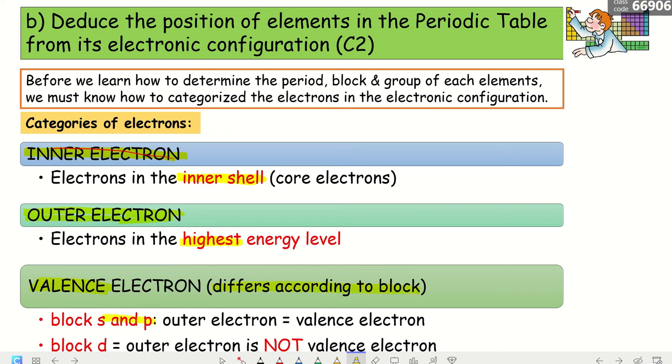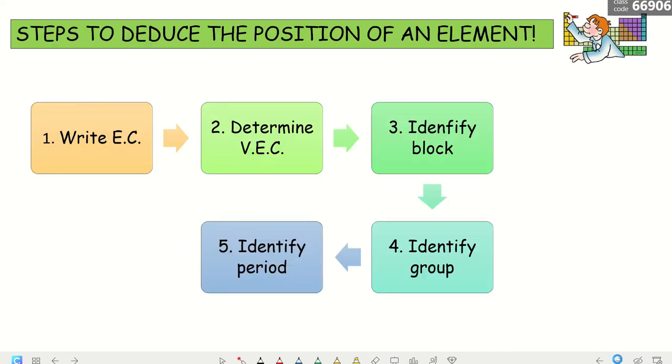For block S and P, outer electron equals valence electron. The trick is here, where for block D, outer electron is not the valence electron. So kita akan tengok contoh macam mana.